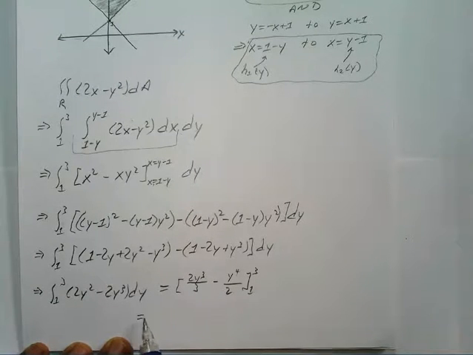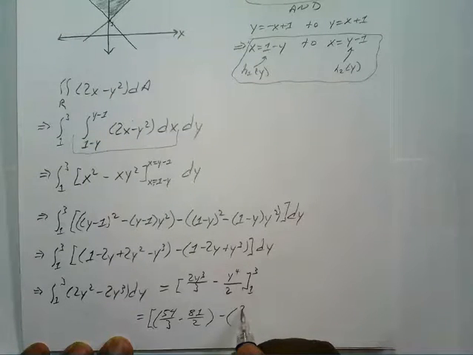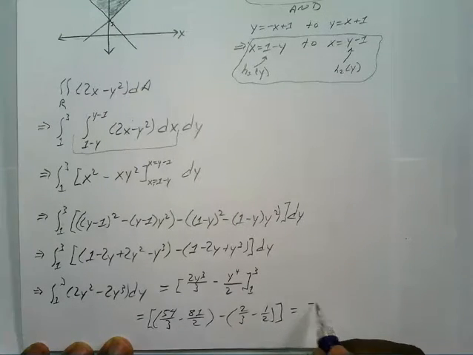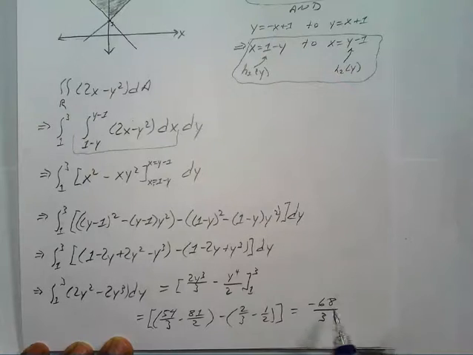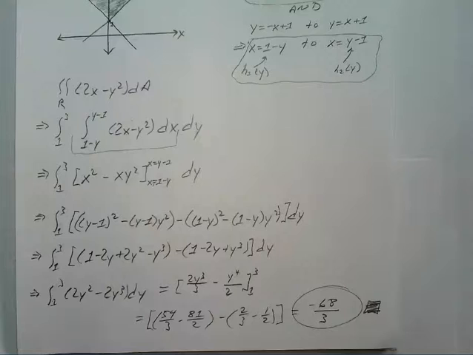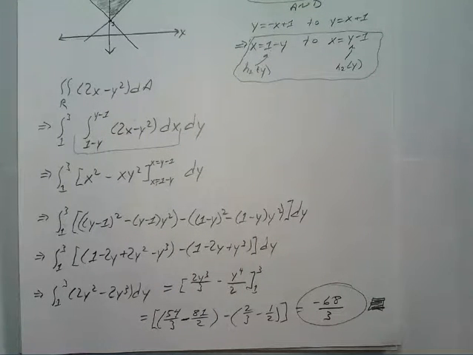So once you plug in your 3, you're going to have 54 over 3 minus 81 over 2, minus, now plugging in your 1, you have 2/3 minus 1/2, which will give you negative 68 over 3, once you're done combining and simplifying and getting all the common denominators and everything else.